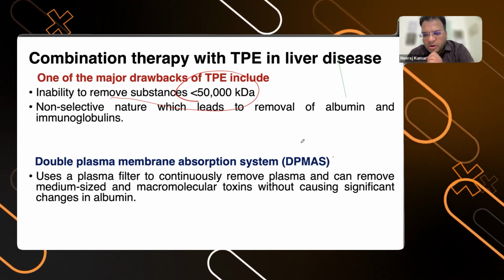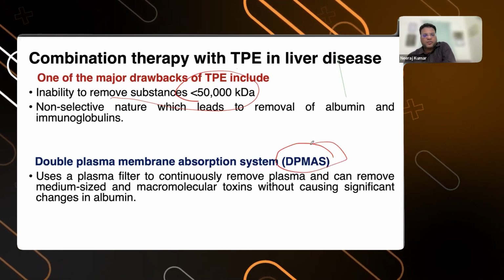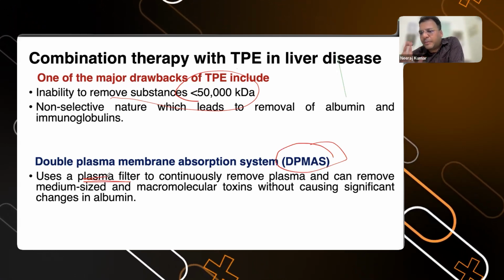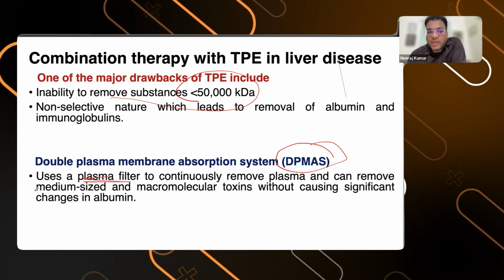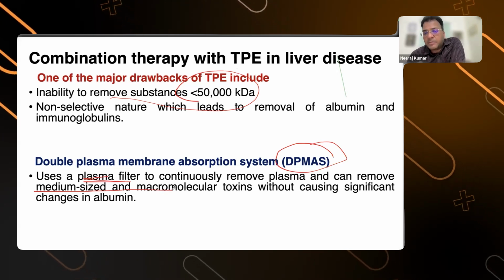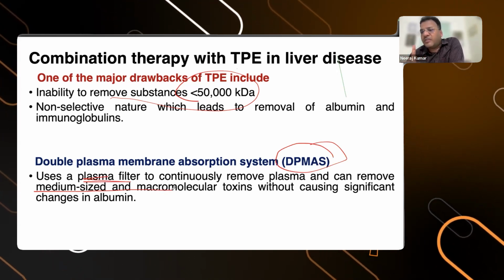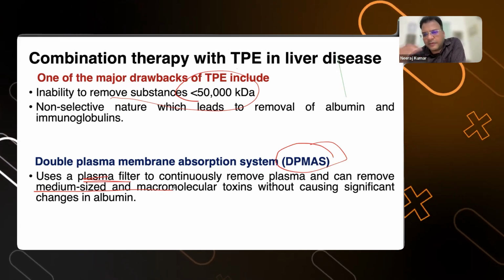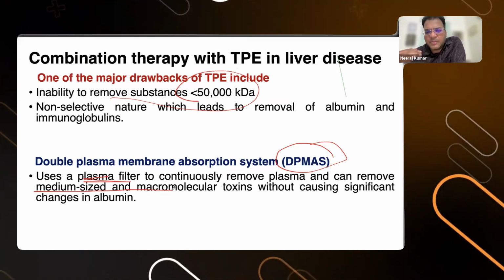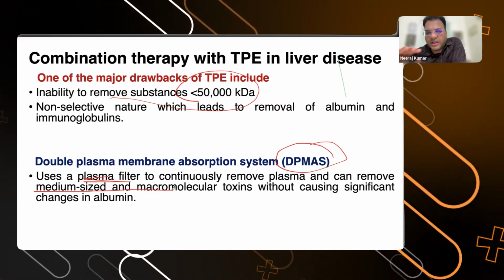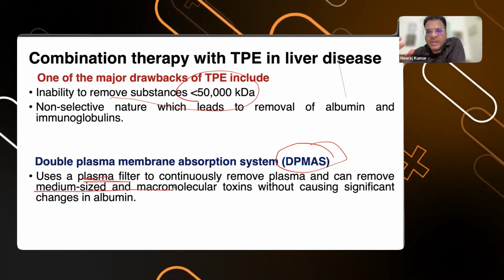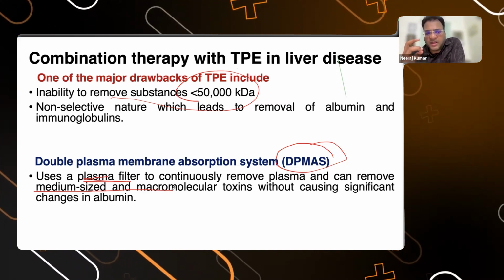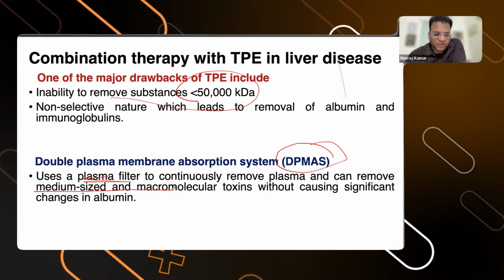If you talk about DPMAS, it usually uses a plasma filter to continuously remove the plasma, and it can remove even medium-sized and macromolecular toxins without causing significant changes in the albumin. So this is the only problem with TPE: with DPMAS there are no problems with albumin, whereas in TPE the albumin also gets removed, or albumin changes will be noticed.